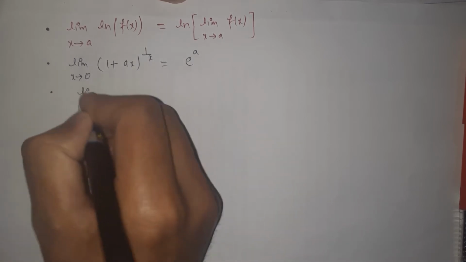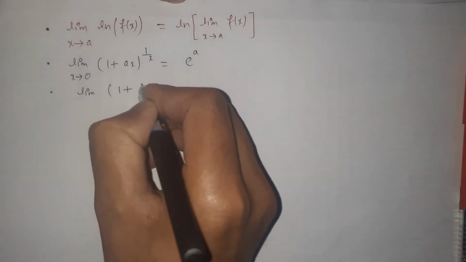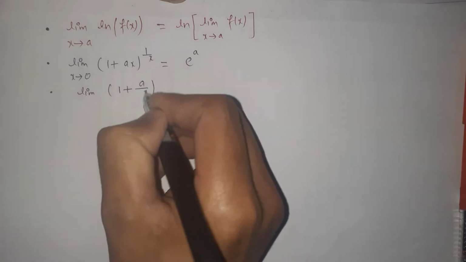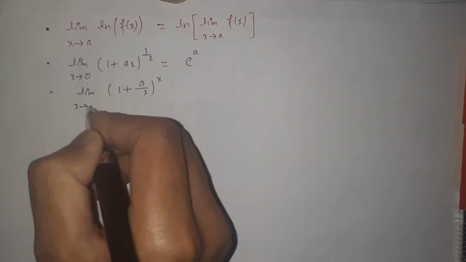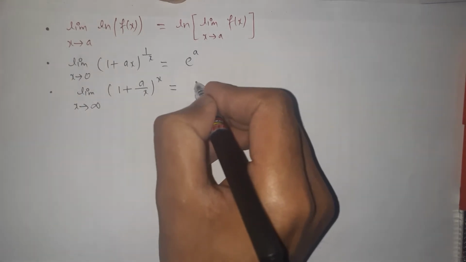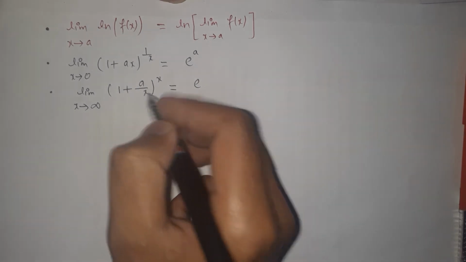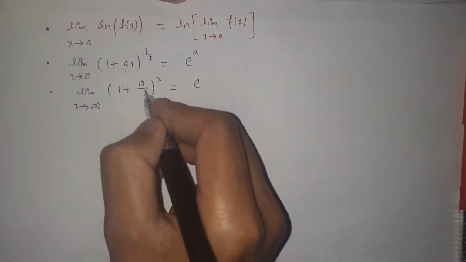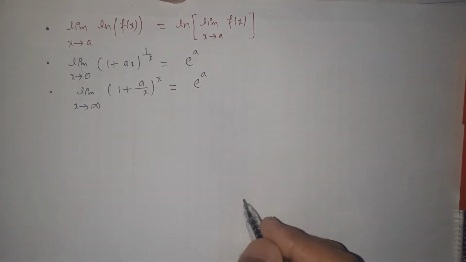Similarly, when the variable approaches infinity, the limit of (1 plus a over x) raised to the power x when x approaches infinity, in this situation the limiting value will be e to the power of the coefficient of 1 over x. Here the coefficient of 1 over x is a, so we put that a on the power of e.